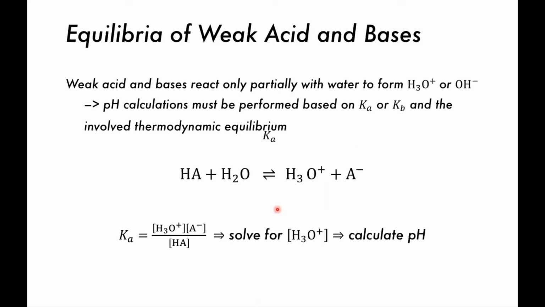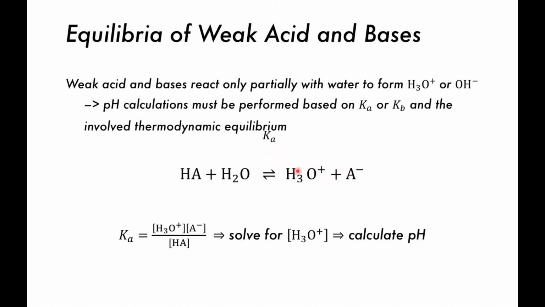Okay, so equilibria of weak acids and bases. Weak acids and bases react only partially with water to form hydronium or hydroxide. And so pH calculations must be performed based on the Ka or Kb and the involved thermodynamic equilibrium. So HA plus H2O gives an equilibrium with hydronium and the conjugate base, and Ka is the equilibrium constant for this.